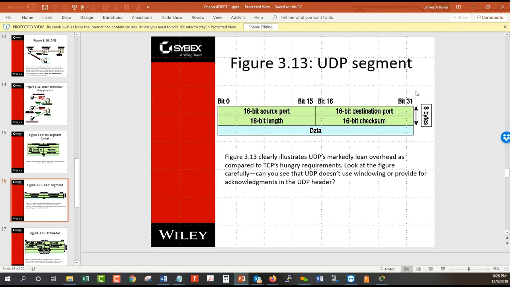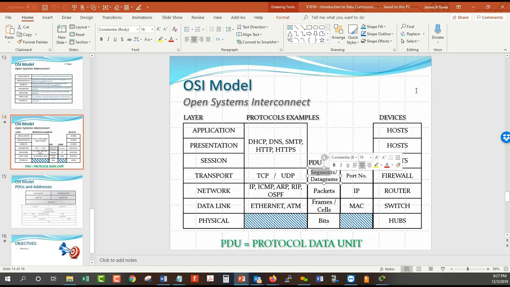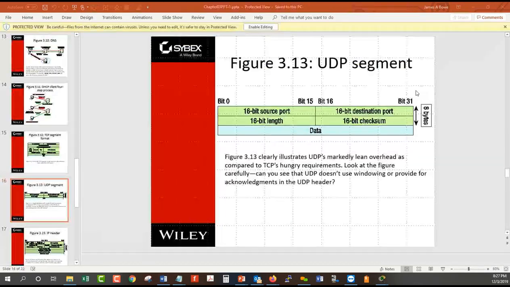It doesn't have the overhead, doesn't have the bulk of TCP, and therefore it tends to be a little quicker, more efficient, but it's not as reliable as TCP, okay? So that is your UDP segment. And again, going back to this diagram, you see your segments and you see your datagrams, and TCP and UDP in your transport layer. All right.